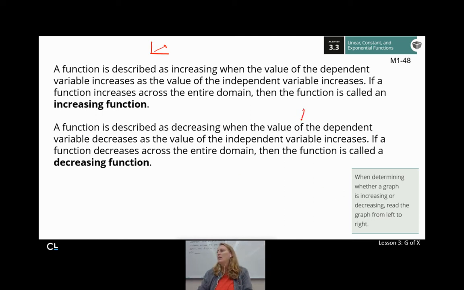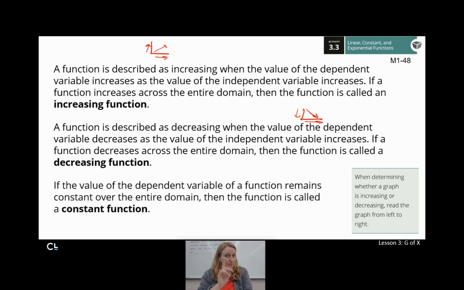So in a decreasing function, as my independent variable gets bigger, my dependent variable gets smaller. It's kind of sad.